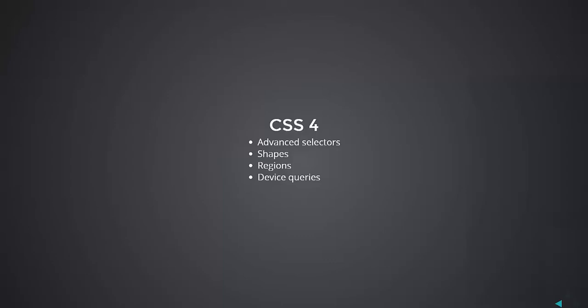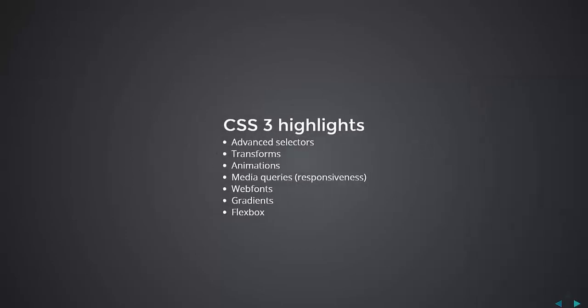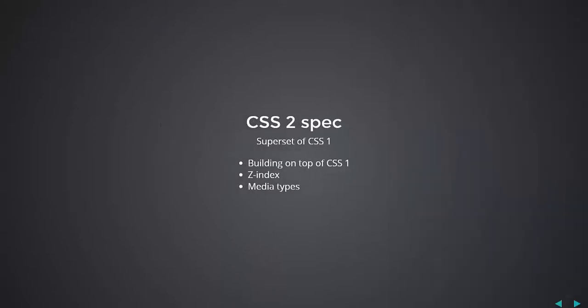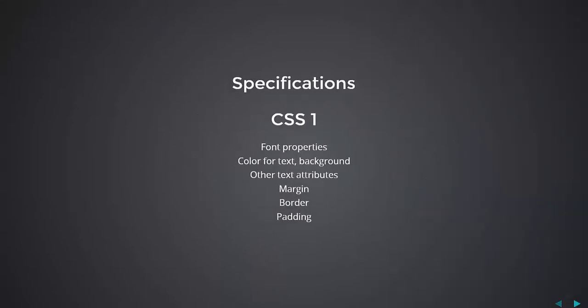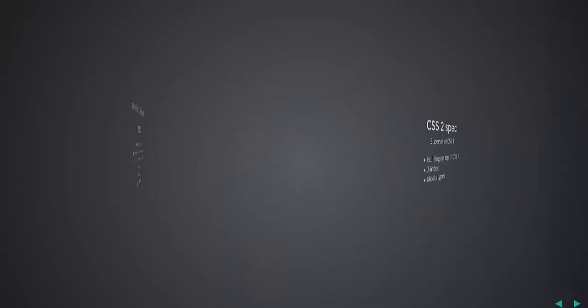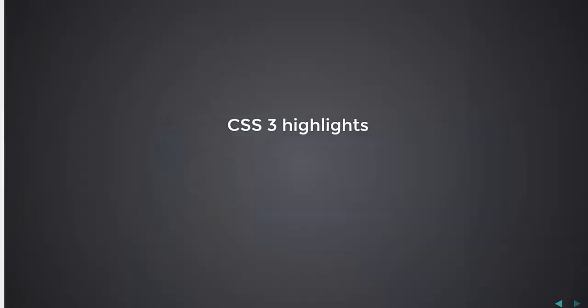But as you can see with this very brief bullet list, these are the kind of things that we're going to be learning in this course, and trust me, they're going to be really great. But before, we're going to have to go through CSS2 and CSS1. So the really basics, we're going to cover those so we can move forward.